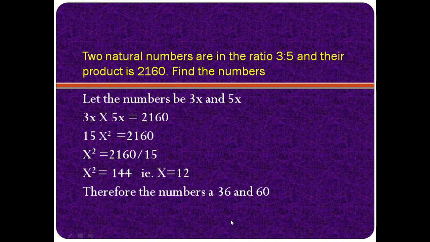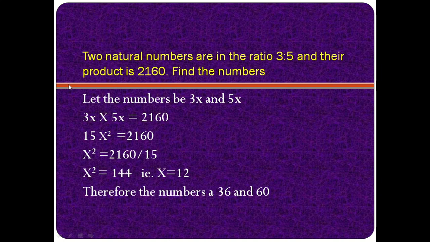Now another descriptive type question. Two natural numbers are in the ratio 3:5 and their product is 2160. Find the numbers. So you are given a ratio of two numbers, 3:5, and their product is given as 2160.